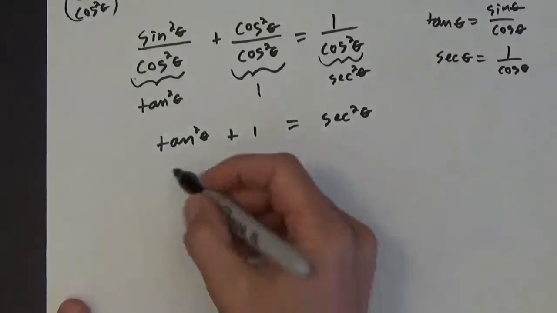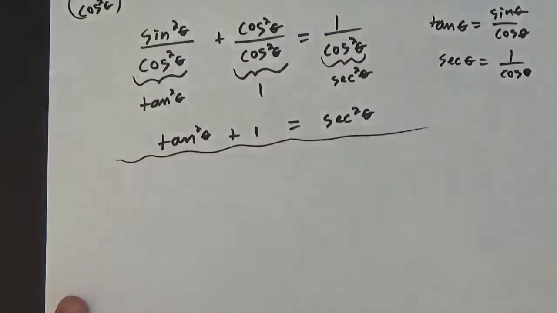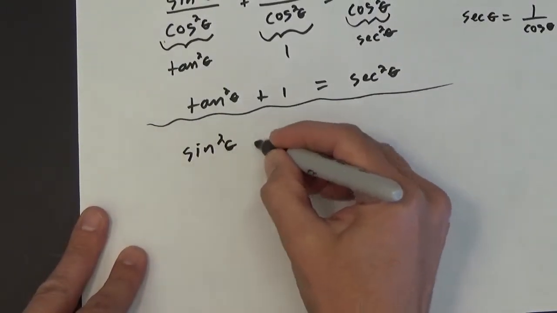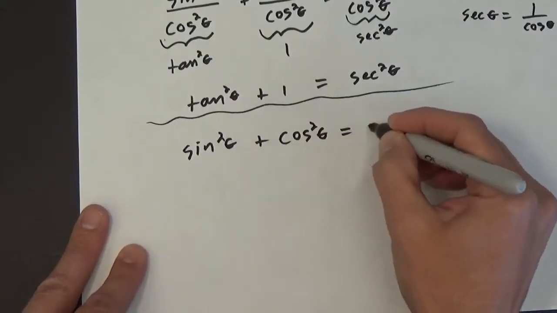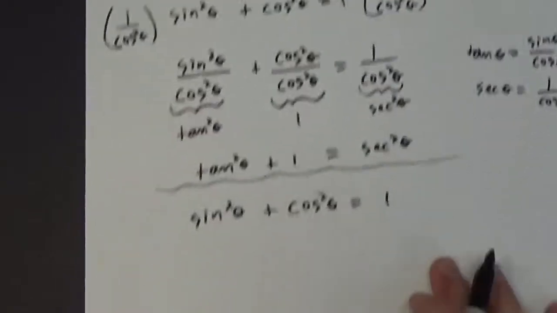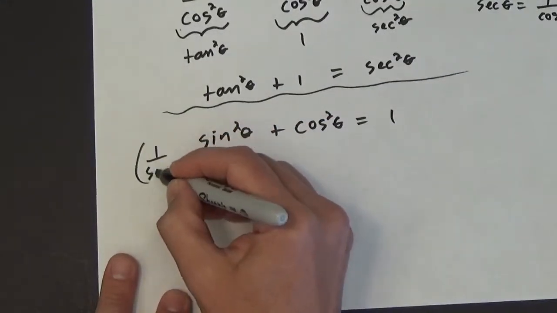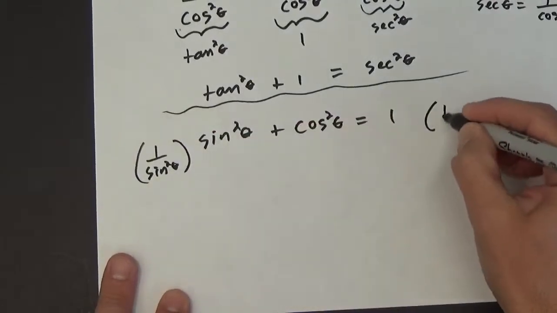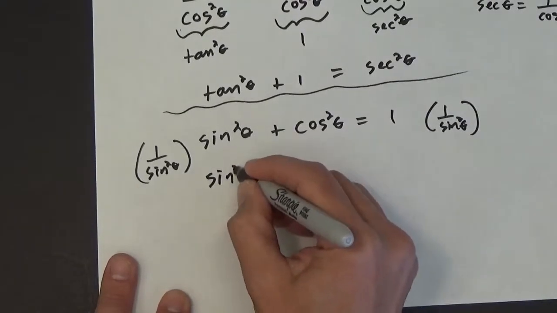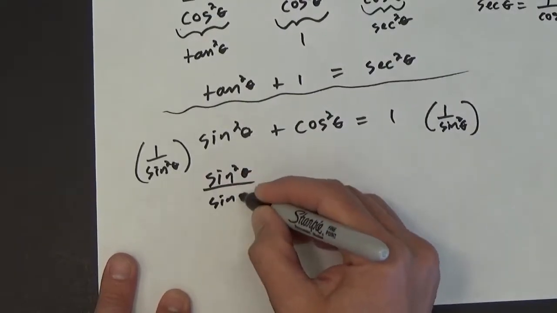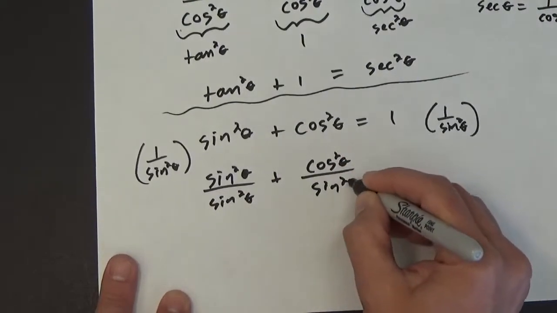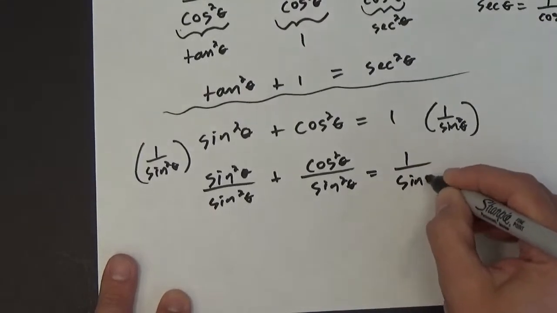All right, let's do one more. That has to do with going back to sine squared plus cosine squared. This time, instead of multiplying everything by 1 over cosine squared, we're going to multiply everything by 1 over sine squared. So we have the sine squared of theta over the sine squared of theta plus the cosine squared of theta over the sine squared of theta equals 1 over the sine squared of theta.